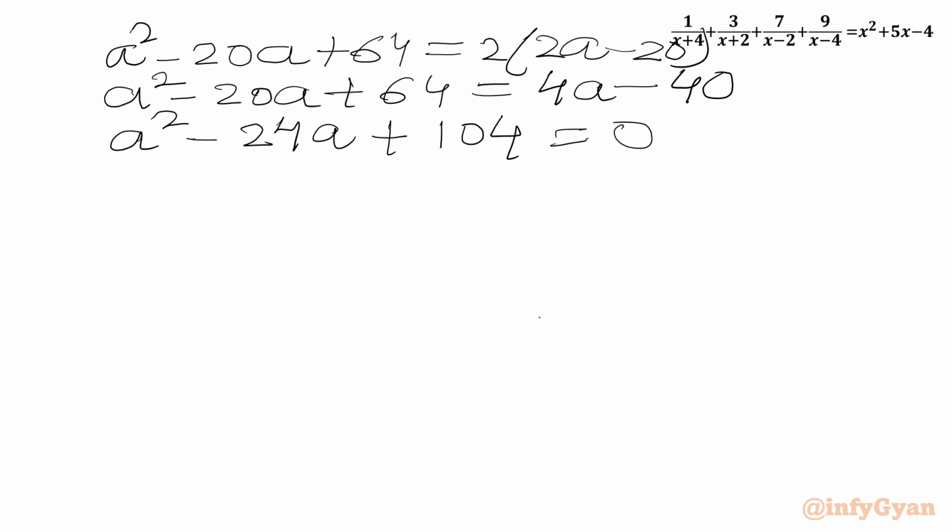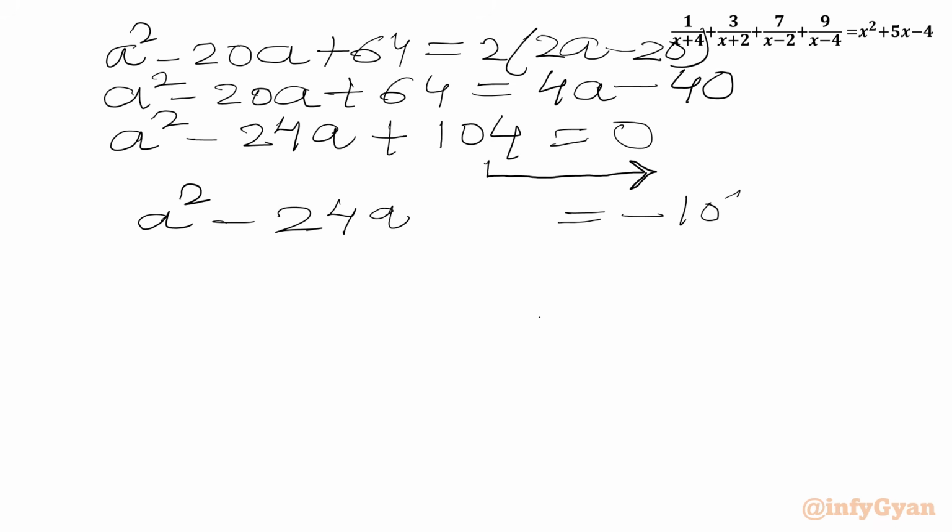So this is one quadratic equation which we will be solving using completing the square method. So I need to take this 104 to the RHS first. So we will write a square minus 24a equal to negative 104. Coefficient of a is minus 24.